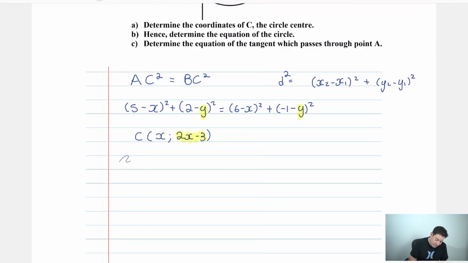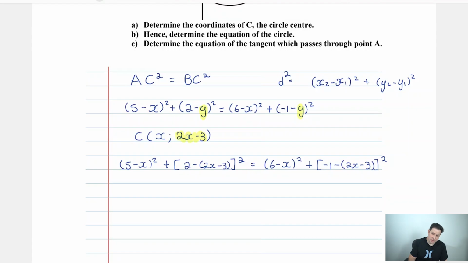So now I'm going to rewrite that formula as 5 minus x all squared plus open bracket 2 minus 2x minus 3 all squared is equal to 6 minus x all squared plus minus 1 minus, I'm going to use a square bracket just because it looks nicer, 2x minus 3 all squared. And now it's just a simple matter of using algebra and multiplying out.